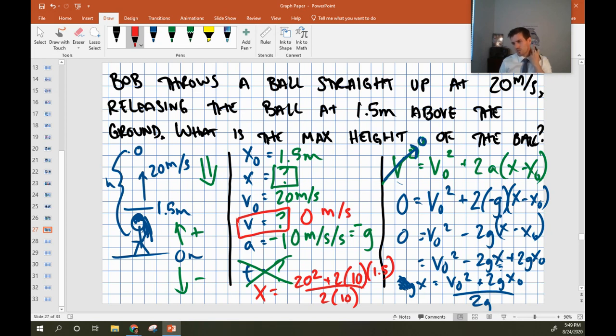Let's see. 2 times 10 is 20, times 1.5 is 30. 20 squared is 400, so that's 430. Divided by 10, that's 43. Divided by 2 again, numbers are hard. 42, 21, 21.5. Right. Unless I messed up, the final height is 21.5 meters.